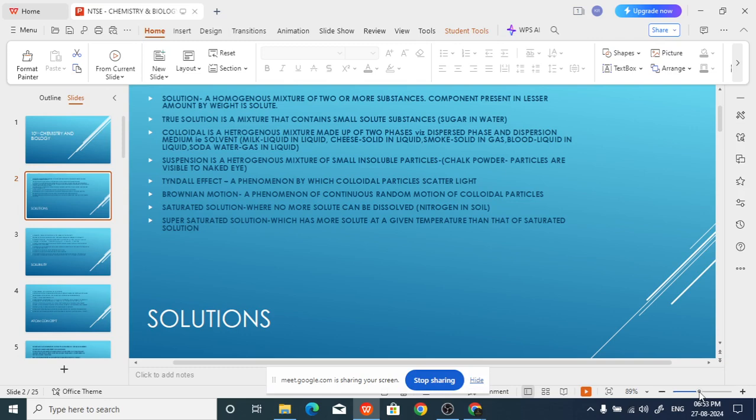Soda water, you are mixing gas in liquid. Here the liquid is the solvent and gas you can equate to solute. Okay. In milk also, it is more of water and less of milk. That is why it is a colloidal mixture, because it is heterogeneous. It is not uniformly mixed.